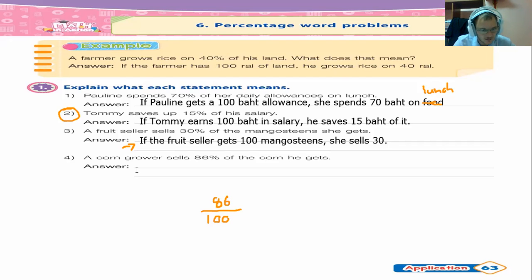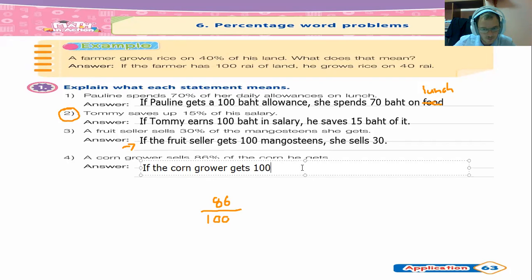So let's say if the corn grower gets 100 corn, he sells 86 of them, or we can say he sells 86.